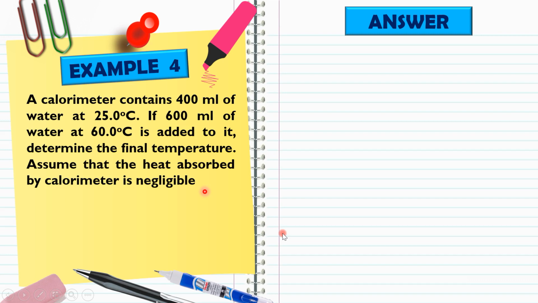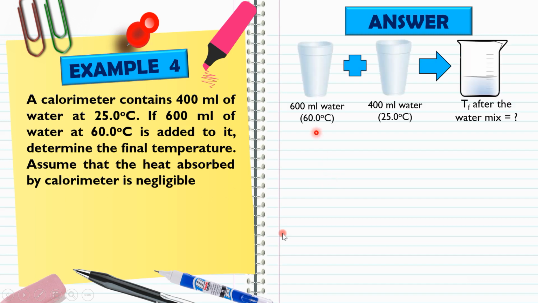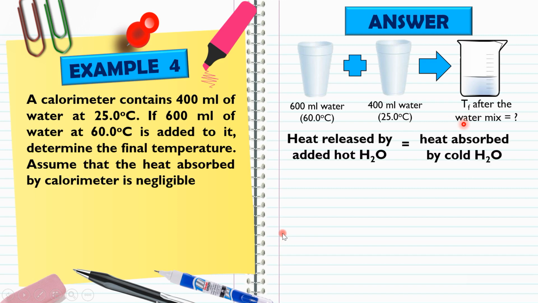So we take a look at the data given. We have 600 ml water, the hot water at 60 degree Celsius, added to 400 ml water at 25 degree, and we want to find out the final temperature after the water has mixed.